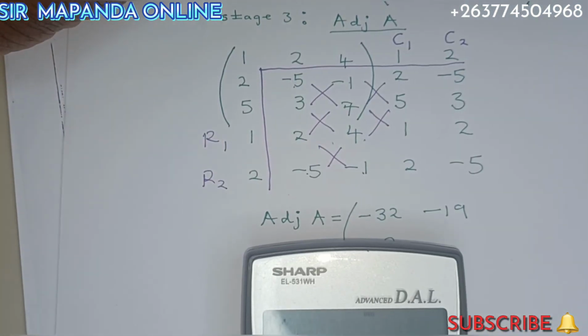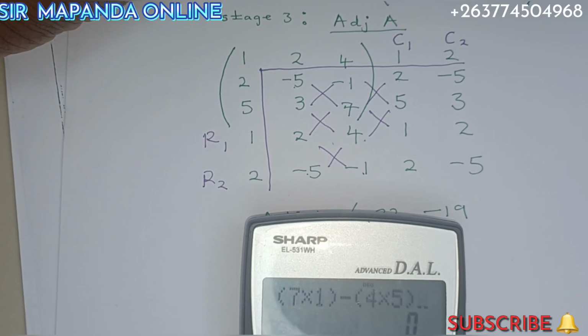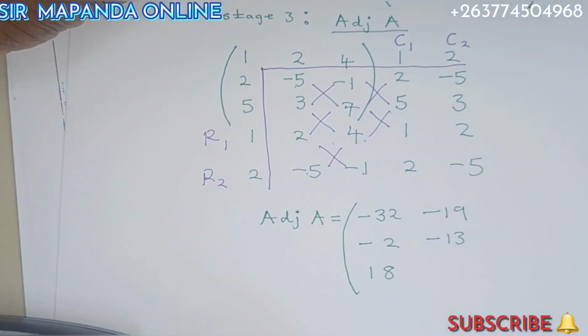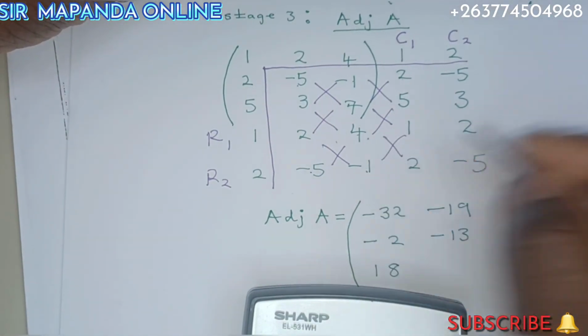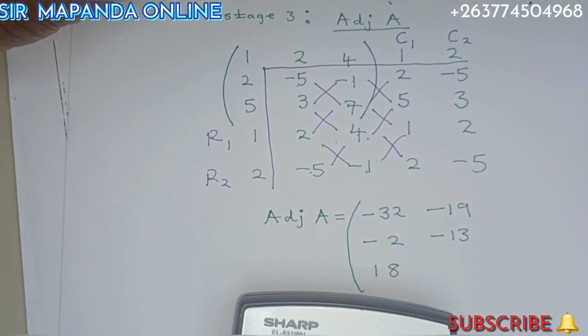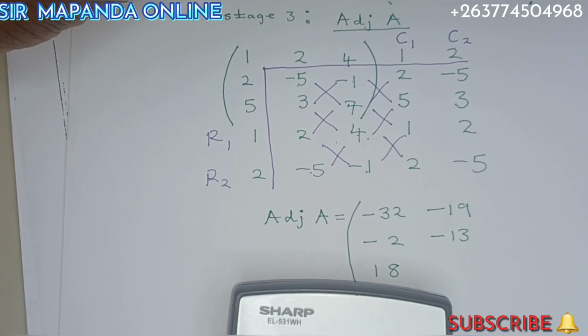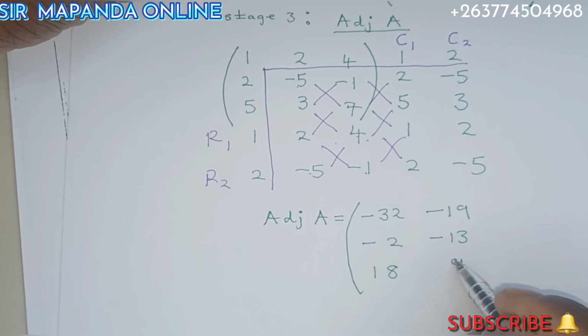So you are saying 7 times 1 minus 4 times 5. You get minus 13. Then you put minus 13 here. Then here you are saying 4, 1, minus 1 and 2. So it's 4 times 2 minus open bracket minus 1 times 1. You get 9. So you write 9.